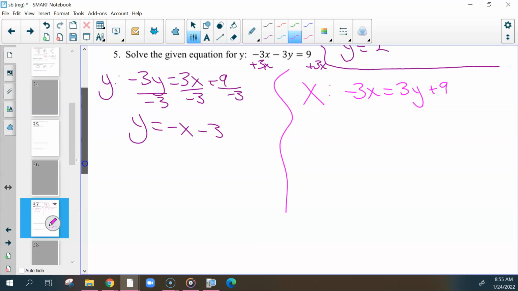And then we would divide everything by negative 3. So x would equal negative y minus 3. It'd basically be the same, except if it's x, there needs to be y in the equation. If it's y, it needs to be x in the equation. Questions on number 5?